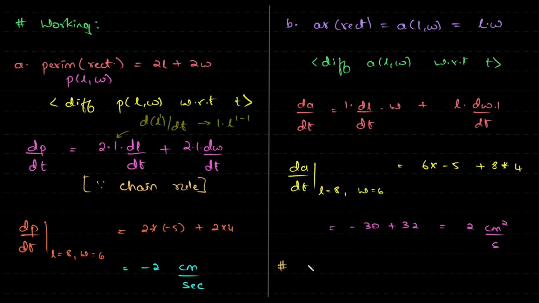Okay, finally we can summarize the answer. The perimeter is decreasing at a rate of 2 centimeter per second. So this is very important.